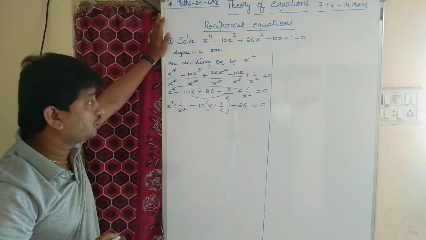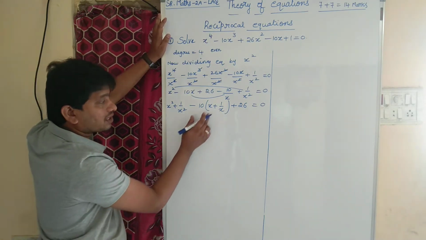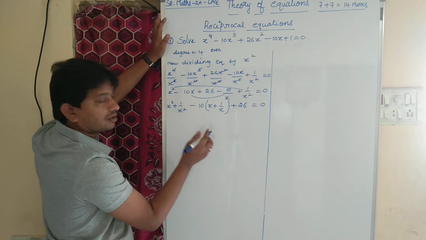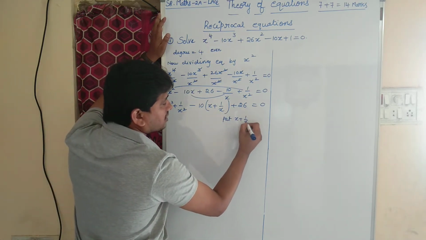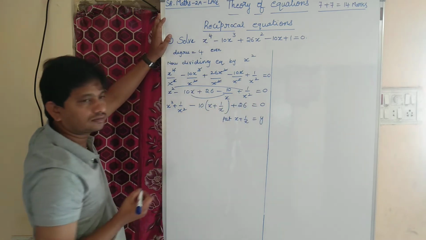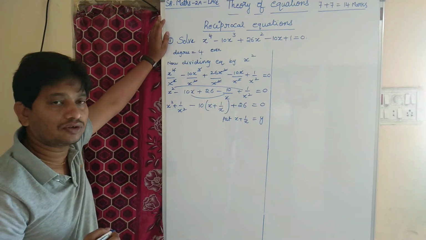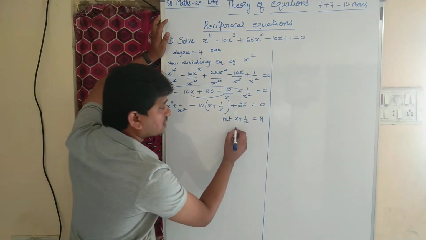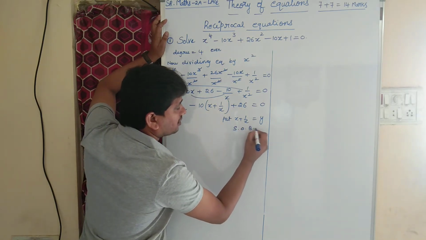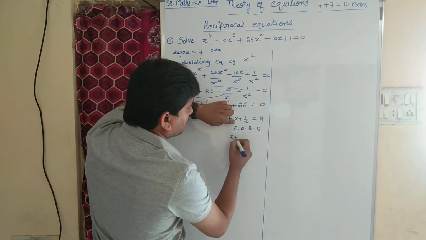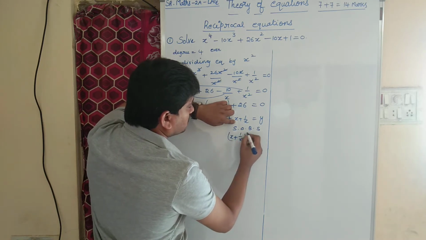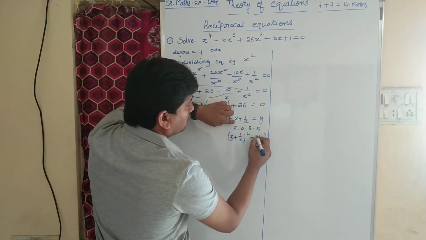Children, put x plus 1 by x equal to y. Now squaring on both sides, I mean x plus 1 by x whole square equal to y square.